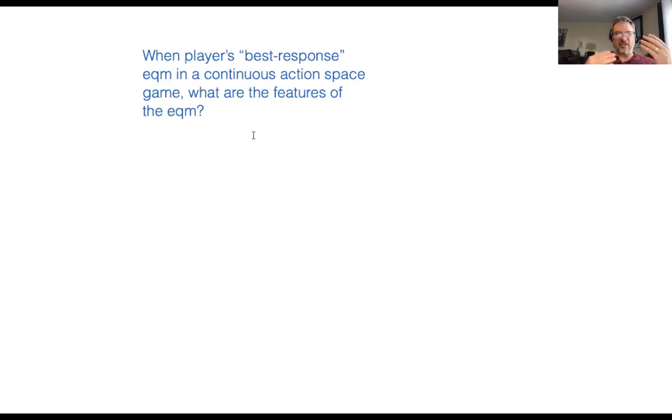There's no sequencing. And so we're going to start out with our basic assumption that what we mean by best response, or what's best, is profit. They're both going to try to maximize their profit. So both players are trying to maximize their profit.